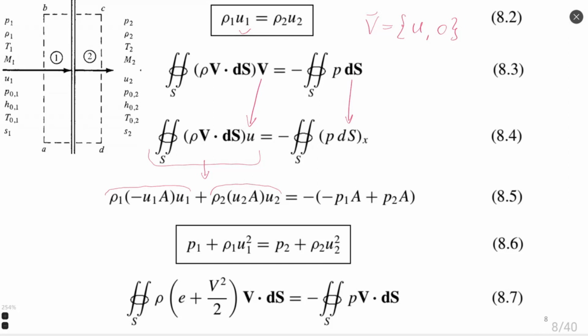Inside each of these products, we have the same parameters as inside the original integral: density, velocity, and area. So this algebraic form exactly corresponds to the integral form. Just the integral was written in a simple way because our control volume is very simple.